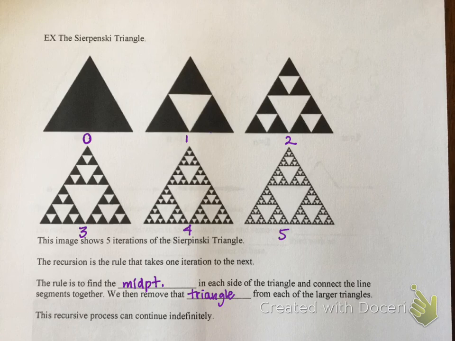I find those midpoints of each triangle that is solid that you see, and remove it. When I do that, I get the second iteration. And once again, I keep on applying this process over and over again until I can go on infinitely.